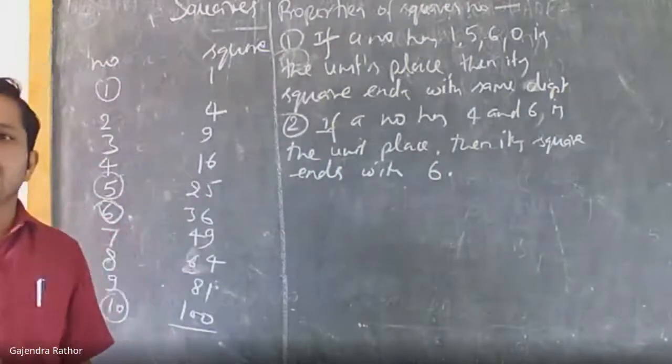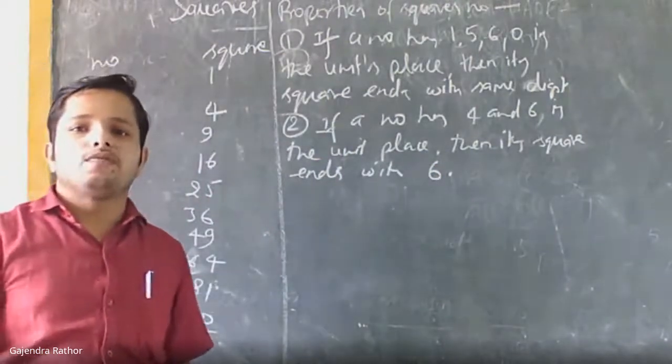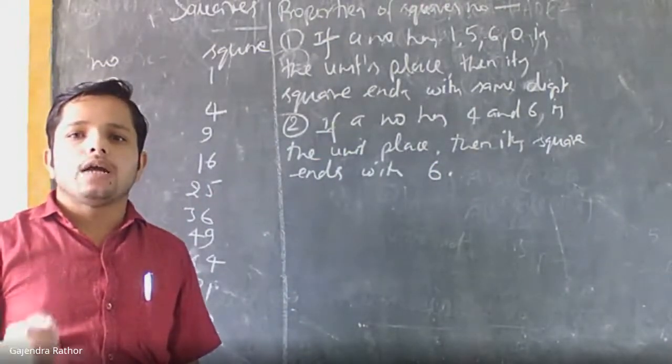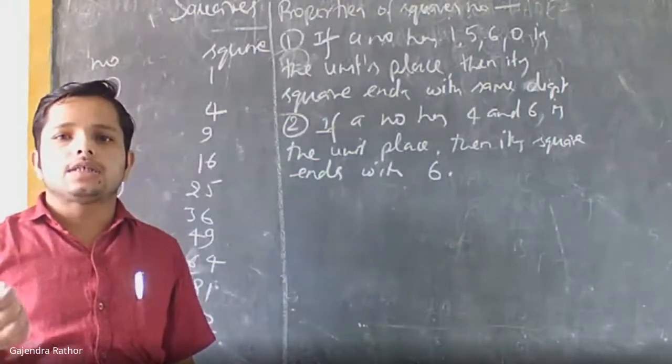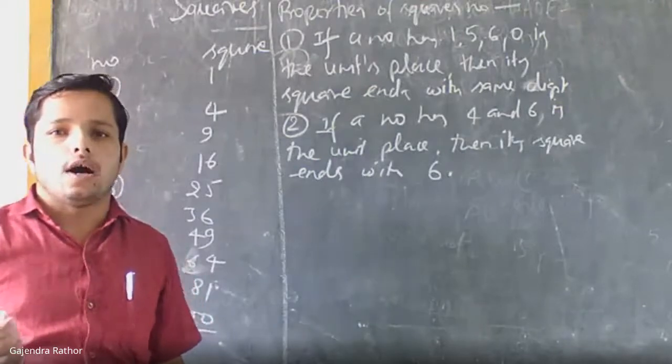This is the second property. यदि किसी नंबर के यूनिट प्लेस में 4 या 6 है, तो उन दोनों का स्क्वायर नंबर 6 से ही एंड्स होगा.